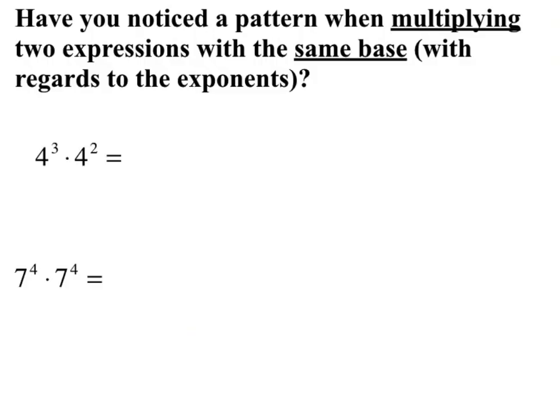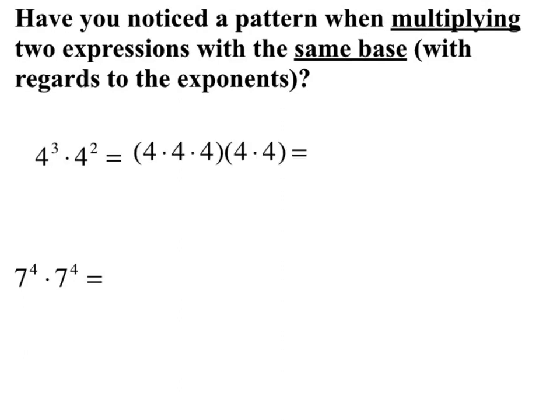So, have you noticed a pattern when multiplying two expressions with the same base with regards to the exponents? What do you do with the exponents? You add them, exactly. So if we have the same base, and we're multiplying exponential expressions, we add the exponents.